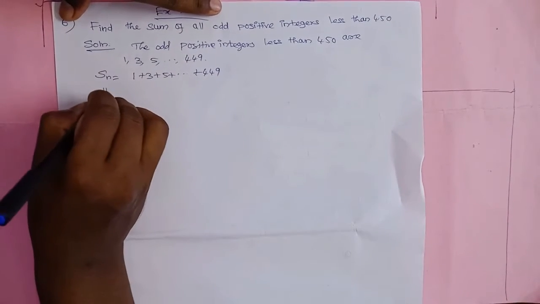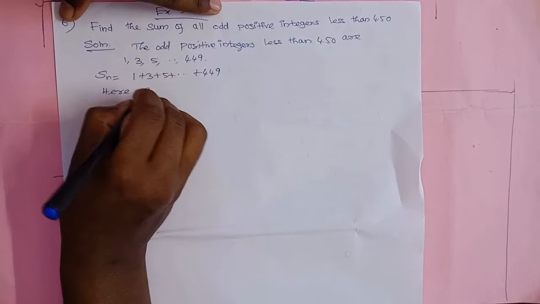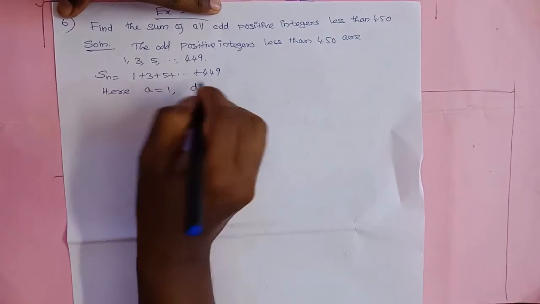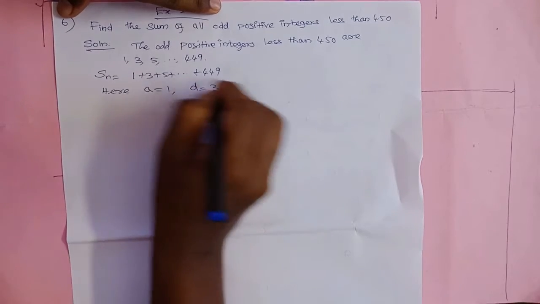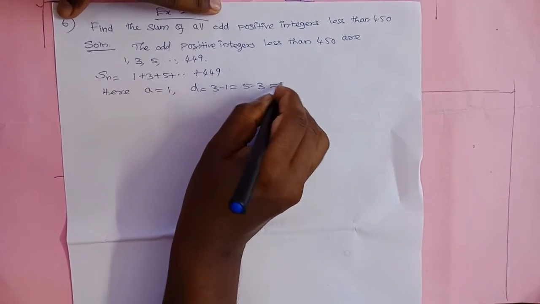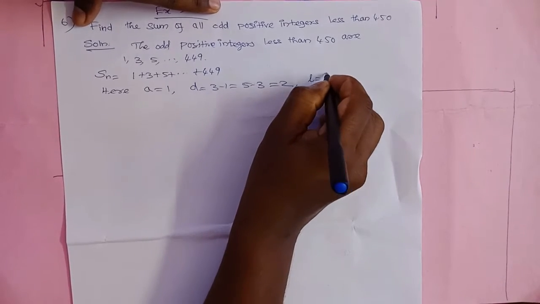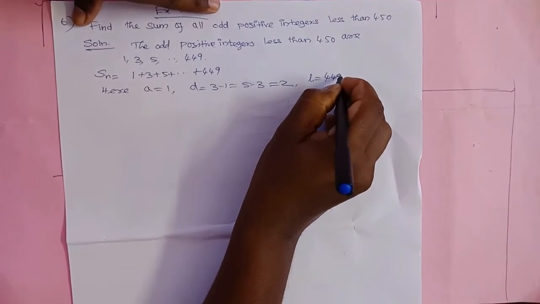So here, the first term A is equal to 1 and the common difference is 3 minus 1, which is 5 minus 3, equal to 2, and the last term L is equal to 449.